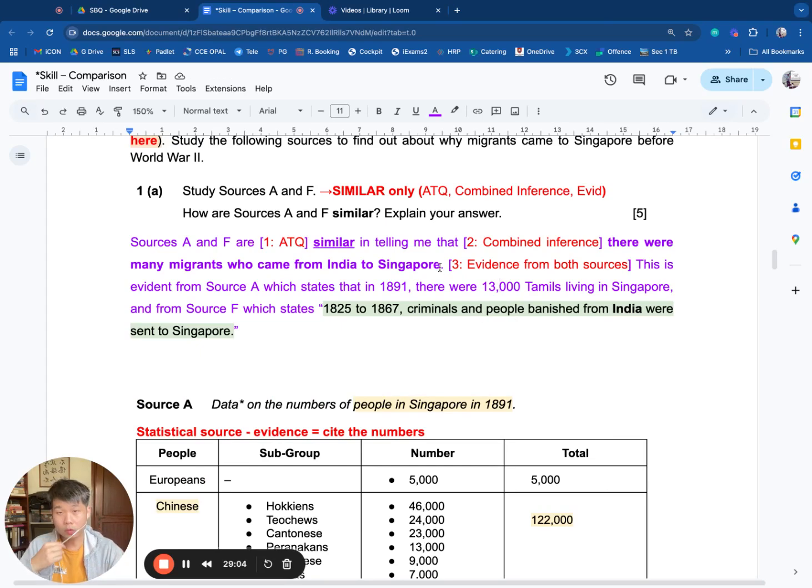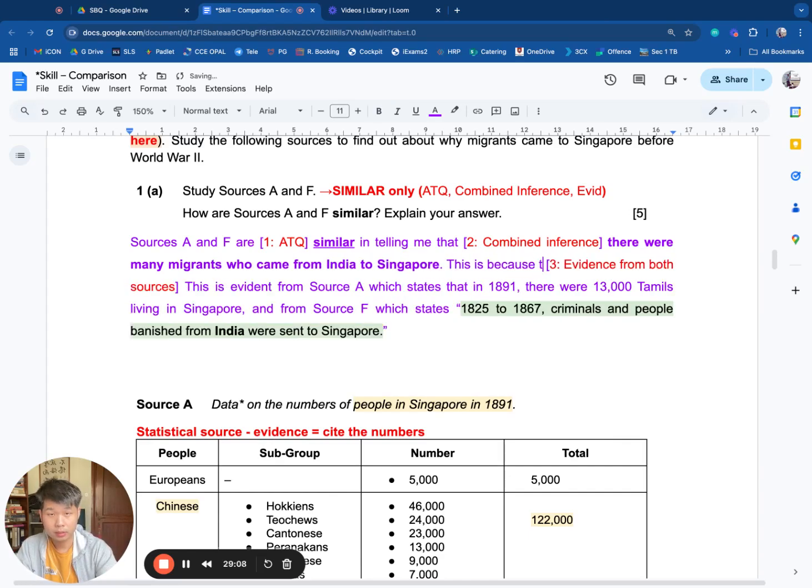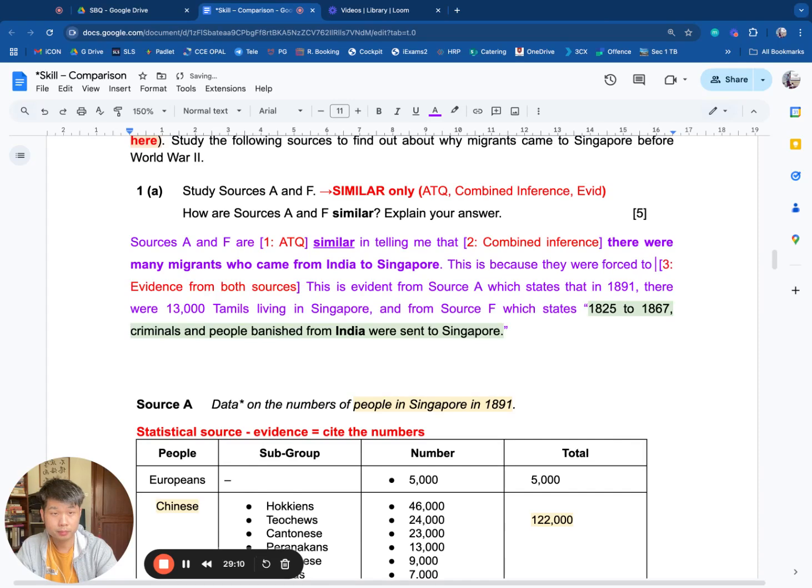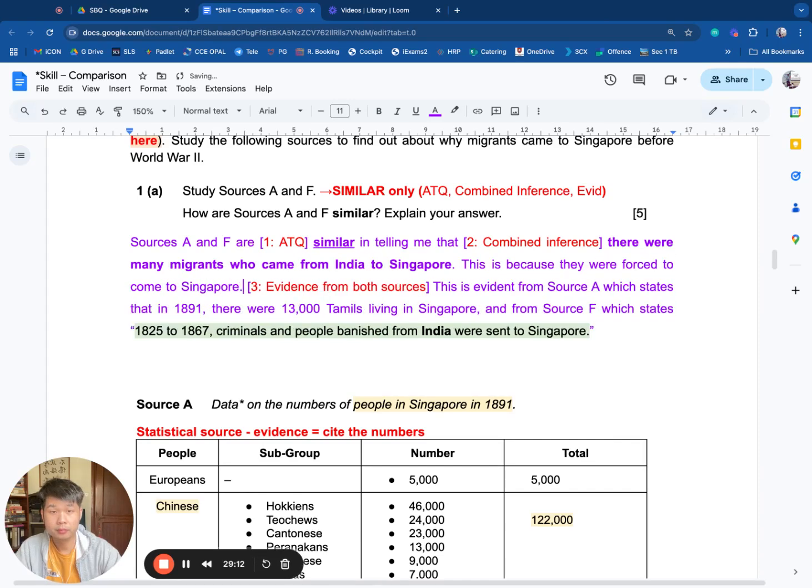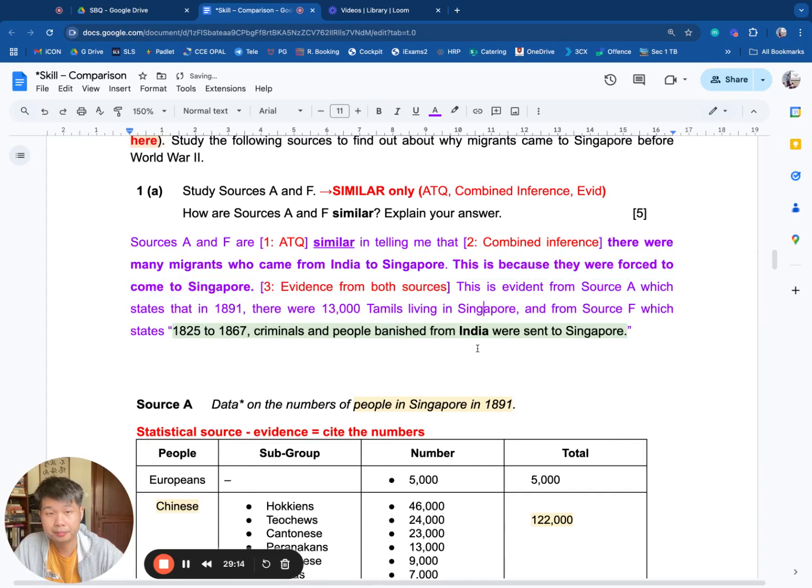Okay. If you wanted to explain your combined inference, you could also go further. This is because they were forced to come to Singapore. You could do your usual inference and explanation and then evidence.